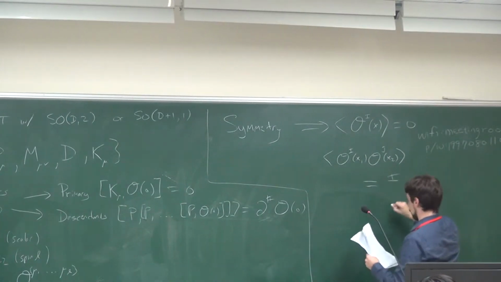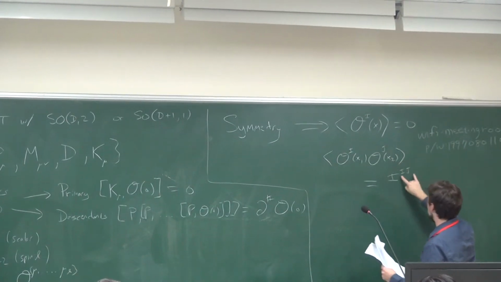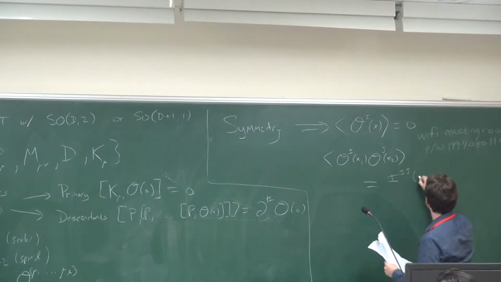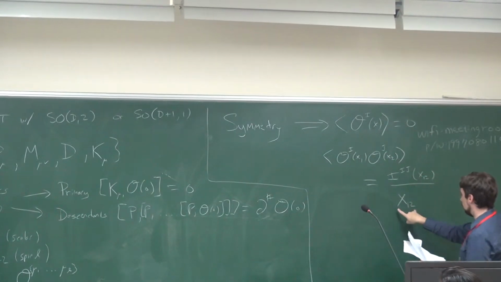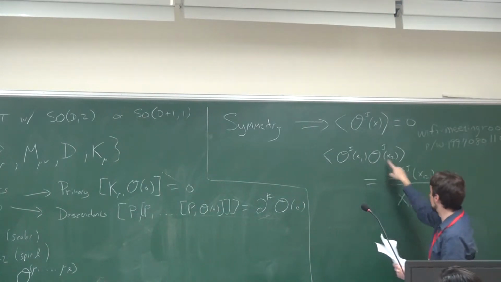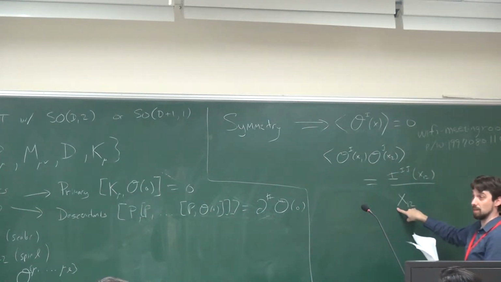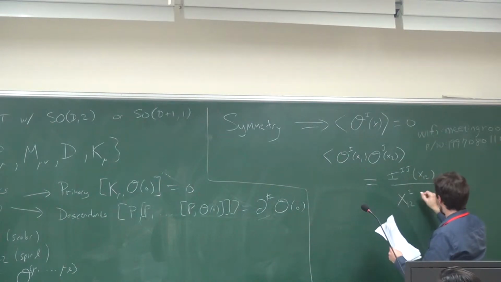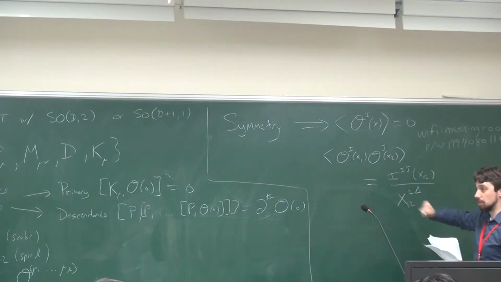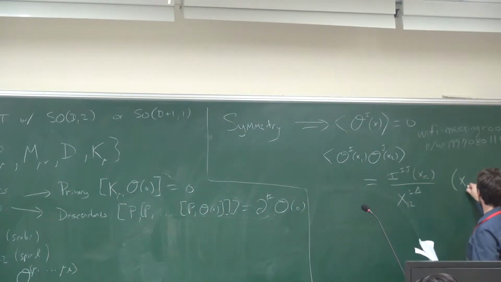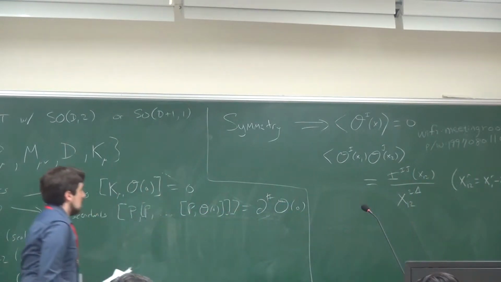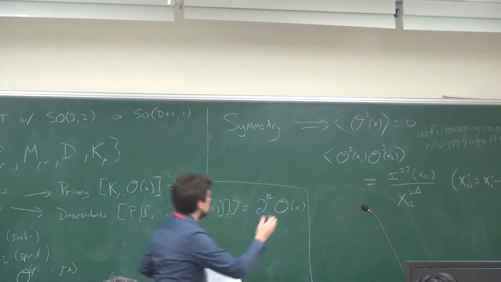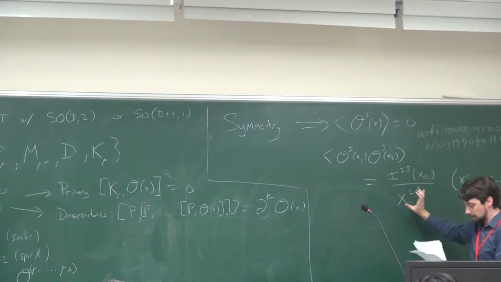There's some numerator which depends on the spin quantum numbers of the operators, divided by a denominator which only depends on the separation of the two coordinates, where x12 is shorthand notation for x1 minus x2, to the power of 2 times the scaling dimension of the operator. So one-point functions are zero, and two-point functions are completely fixed by conformal symmetry.